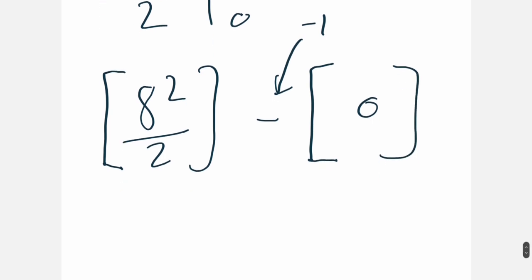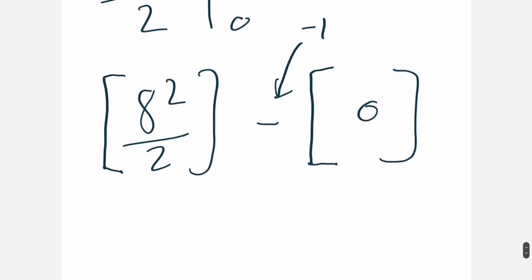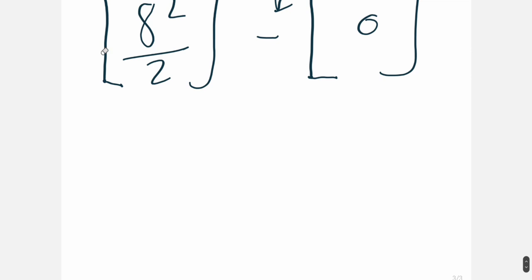So it's 0 because 0 times anything is 0. 0 to the power of anything is 0, because it's basically 0 times 0. And 0 divided by anything equals 0. So therefore, this equation must equal 8 squared over 2.